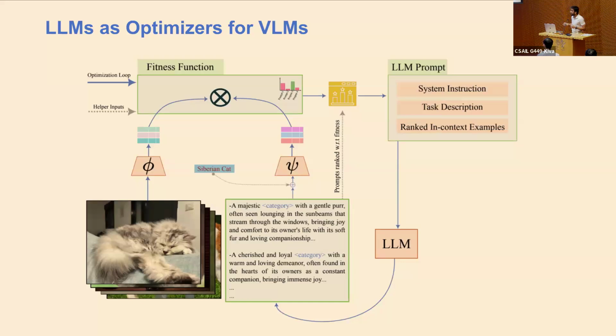Let's say these are the prompt templates we get. Now we want to embed them. We of course want to add our category name of interest. So the LLM gives us these placeholders because it is instructed to do so, and then we replace these category placeholders with the actual class name.